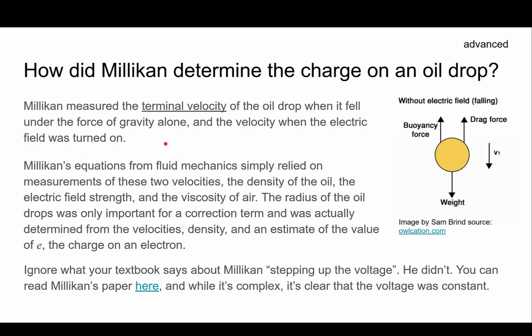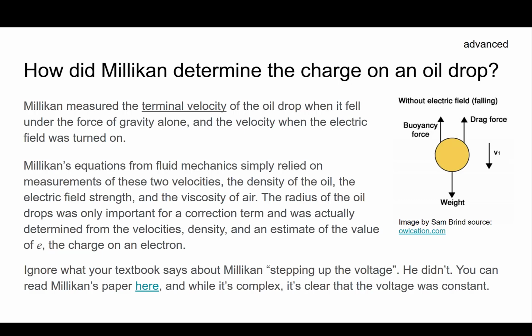This slide is advanced. Millikan actually measured the velocity of the oil droplets. The experiment as described in your textbooks and in videos is really a simplified version of his experiments.